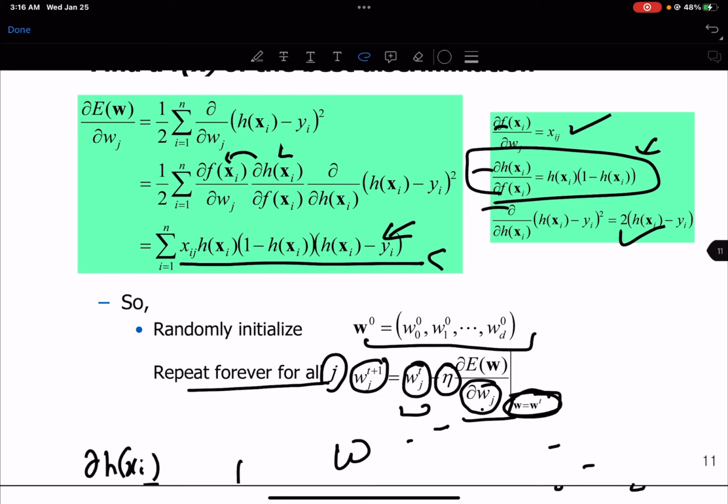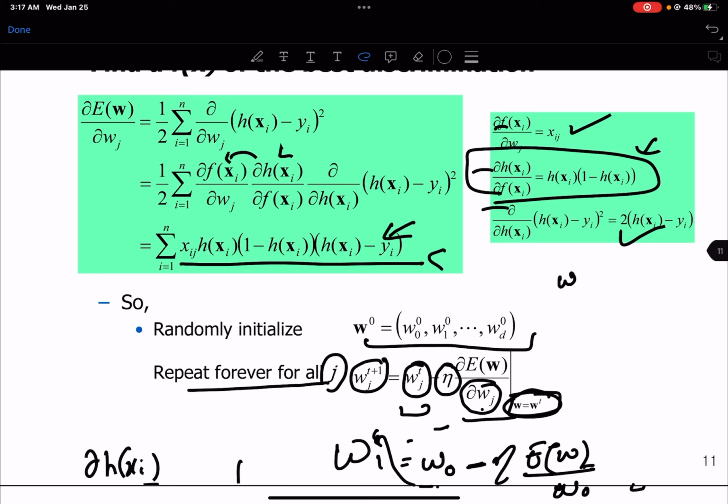So your w1 is basically minus your error value, differentiated with respect to w naught, and then subtracted from the current value at t that you already have, and this will assign a value to your w1.